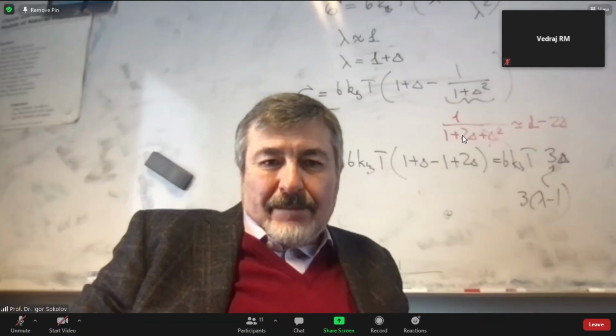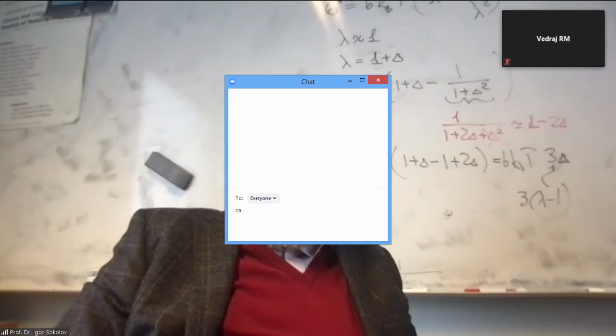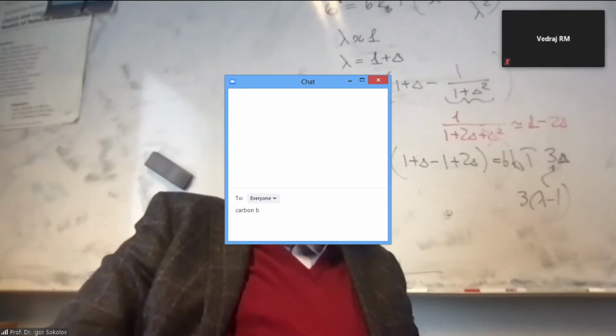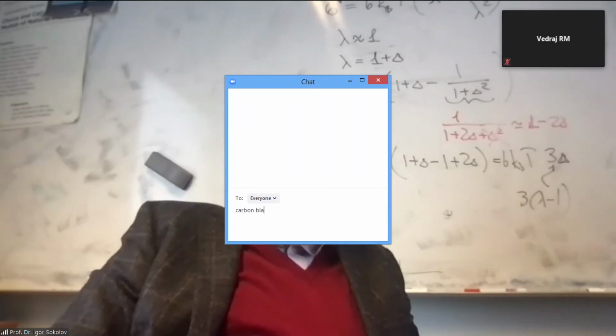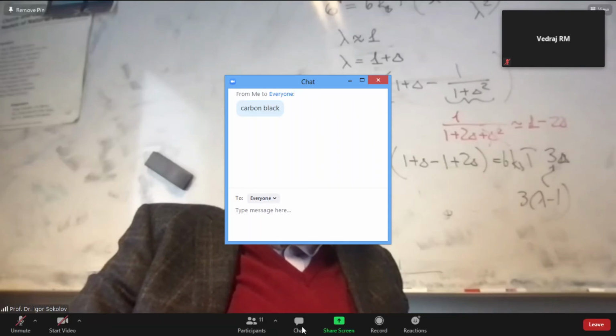Car tire rubber has got a lot more different species of polymers and chemicals inside, whereas this is just purely one. And what is the reason? What is the main component there, essentially? Why are they black? Carbon black. Wonderful.